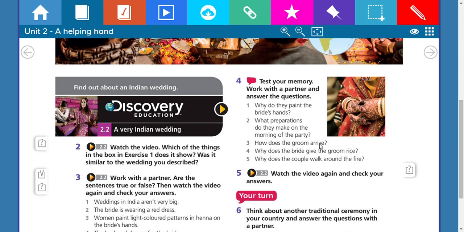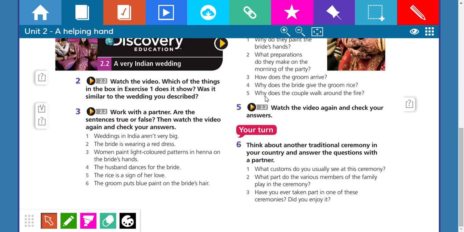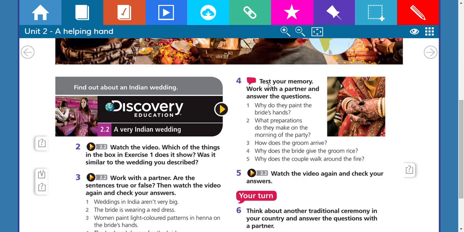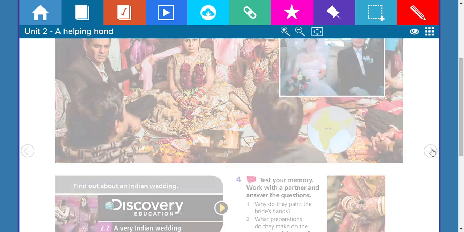How does the groom arrive? Number 4. Why did the bride give the groom rice? Number 5, the last one. Why does the couple walk around the fire? So listen, this activity you are going to do in our virtual class. So try to get your answers. Okay. Now let's continue on the next page.